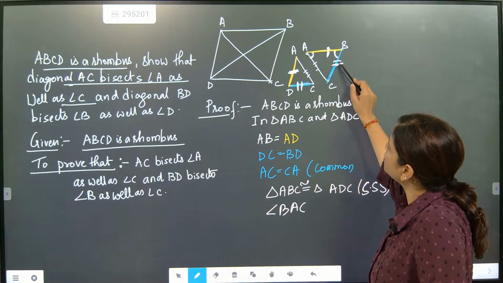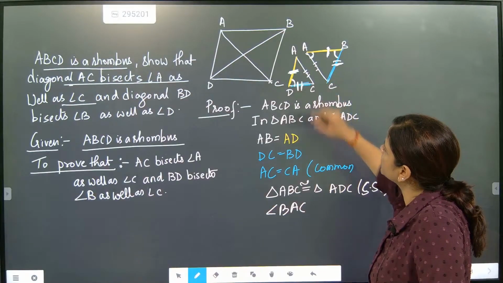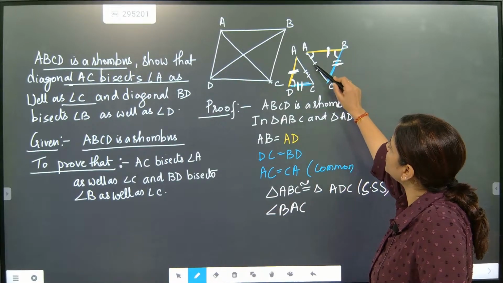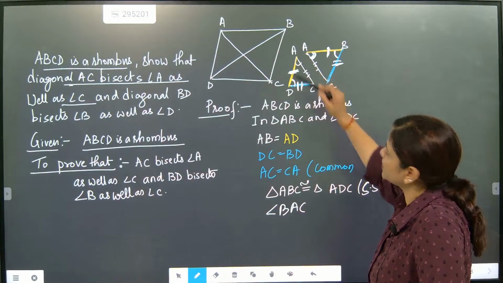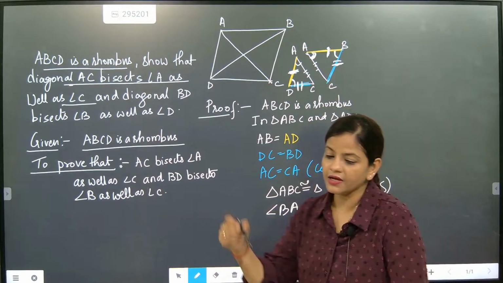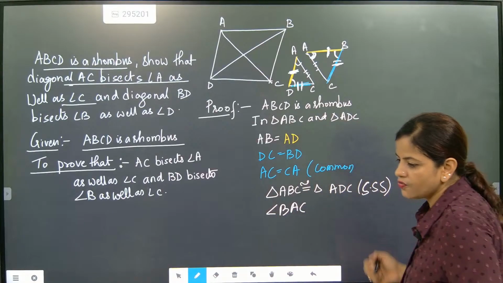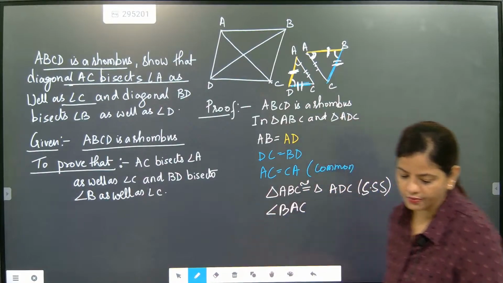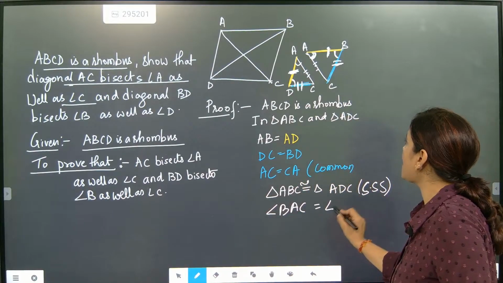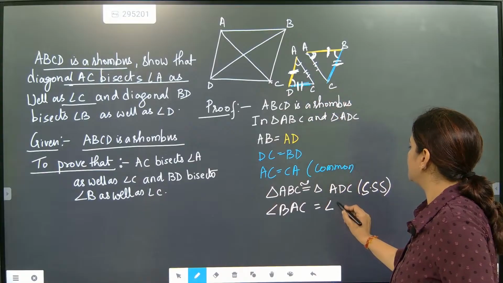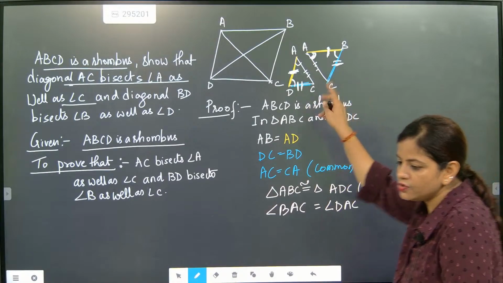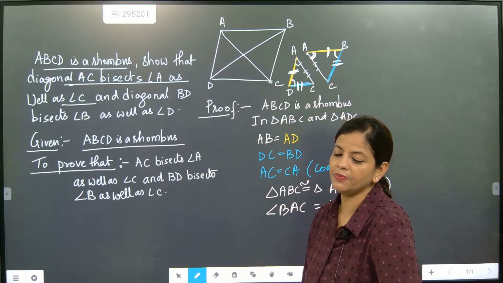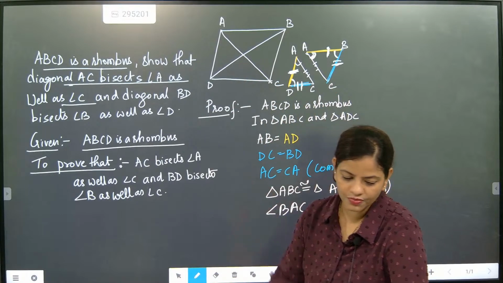The angle between 1, 3 is this one. So note down, angle BAC is equal to angle DAC. See how nicely we have done. Once you understand the 1, 2, 3 concept, you will not make mistakes.